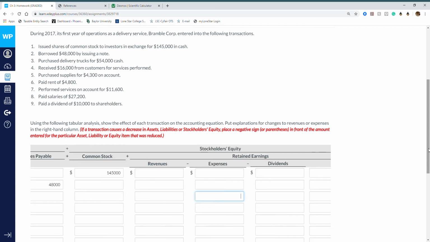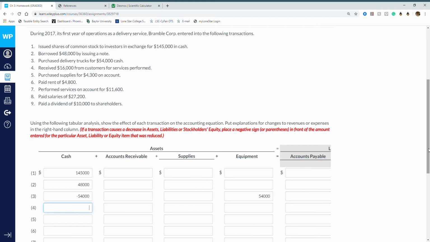Alright, number 4. We received $1,600 from a customer for services performed. Okay, first off, we know we received cash of $1,600. The thing is, why did we receive the cash now? We didn't get a loan this time. We actually performed services. We earned this money.